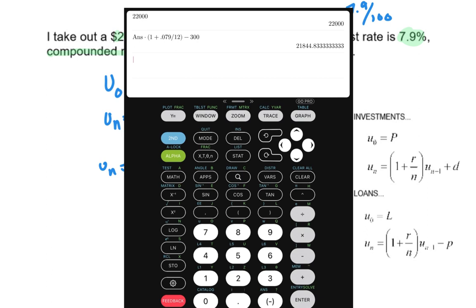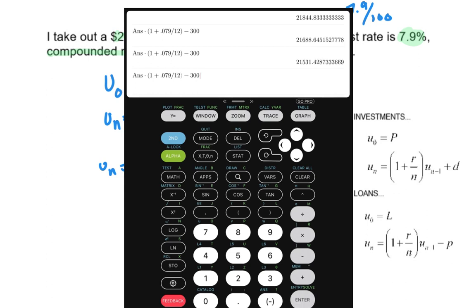So even though I sent them $300, I still owe $21,844. So I've only paid off $156, even though I sent them $300, because of the interest. So you can see here, you're not going to go down by $300 because of that interest.